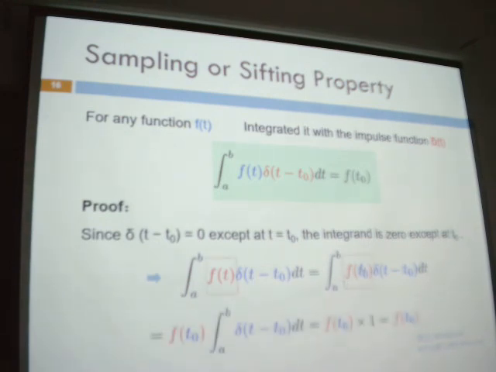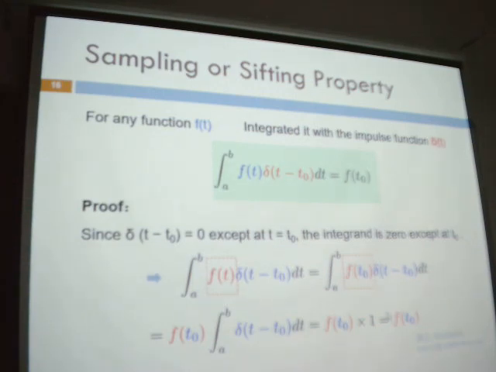Then f(t0) is a constant, so we can put it out of the integration, and we just do the integration of delta. For this delta, we know the value is the area, which is always equal to 1. So we derive that the result is f of t0.